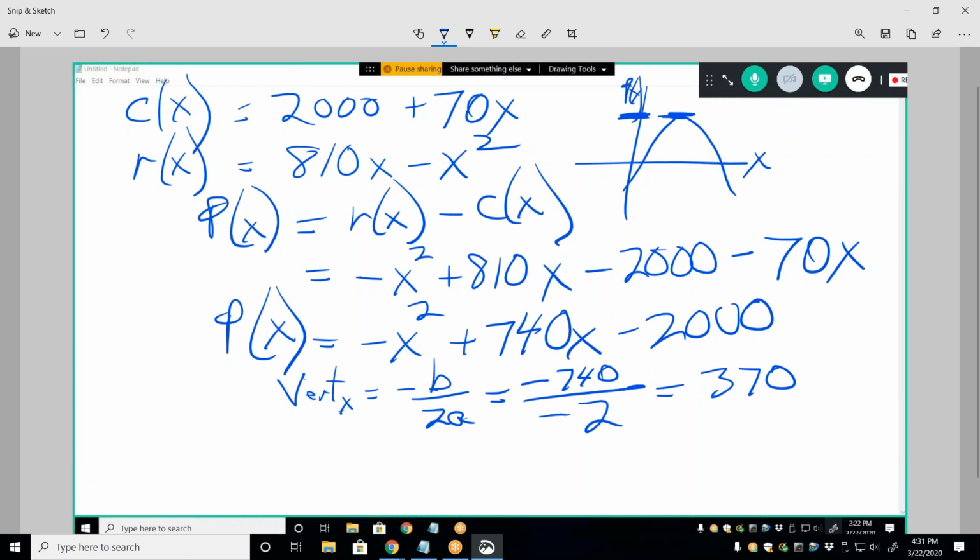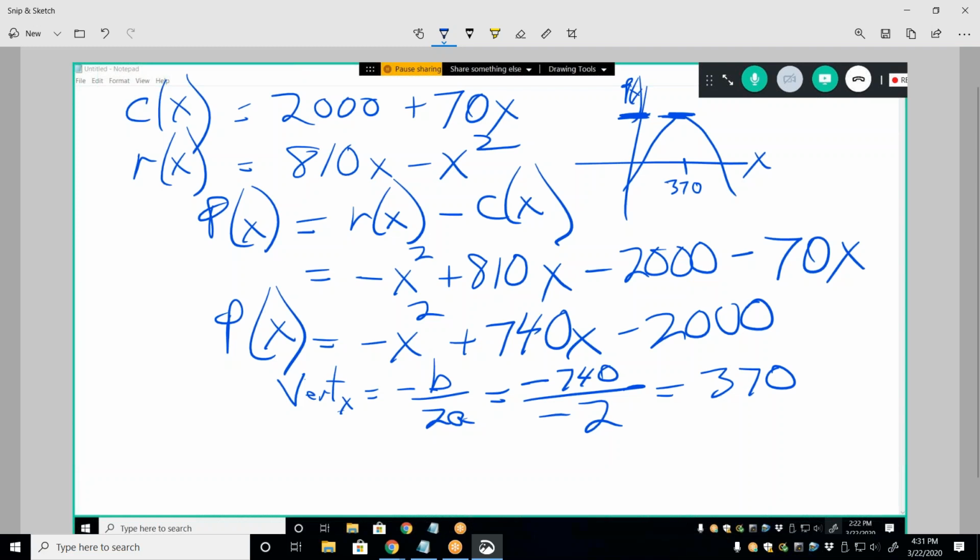So if X represents the number of units manufactured, then we make a maximum profit when we manufacture 370 units. In other words, that 370 is there on the X-axis. All we did was figure out the X coordinate of the vertex.